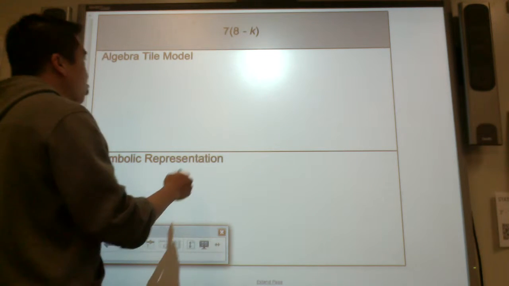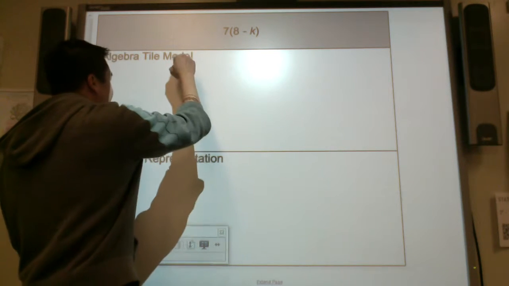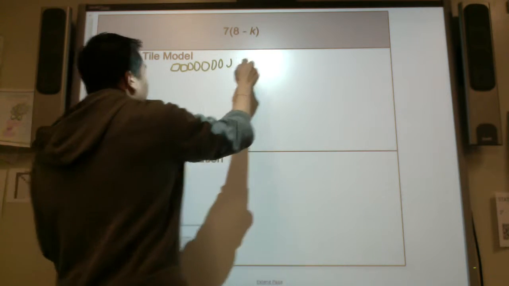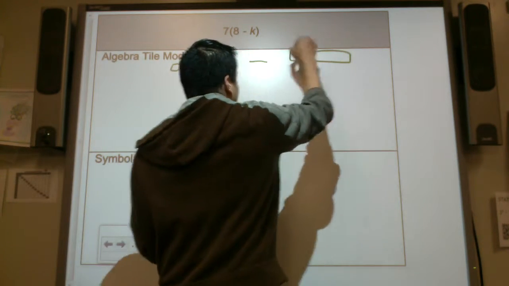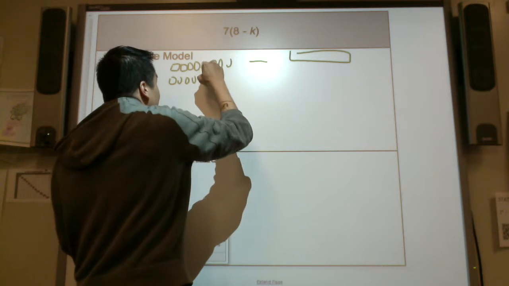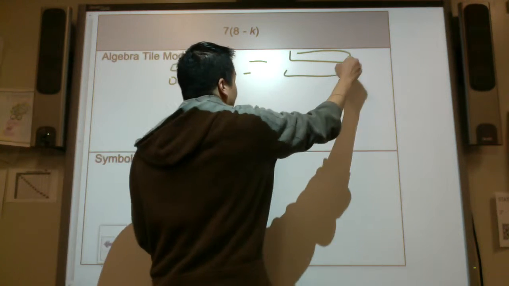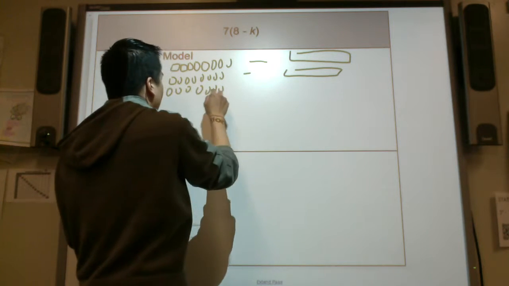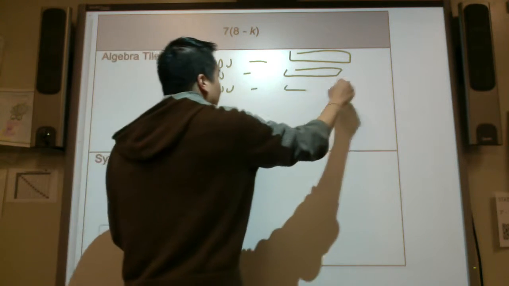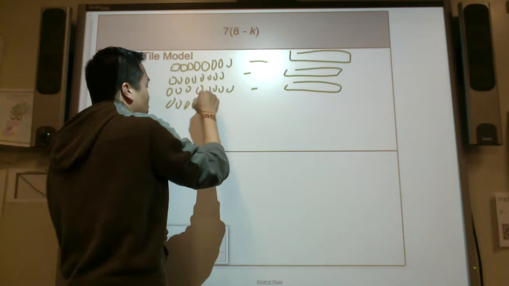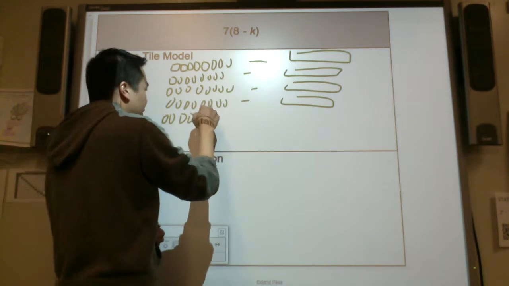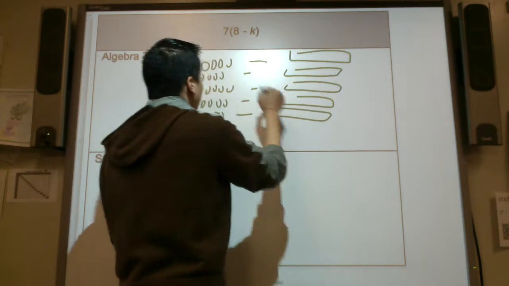So we have 7 groups of 8 minus k. So I need to draw 8 minus k. Oh God, I have to draw 7 groups of this. 1, 2, 3, 4, 5, 6, 7, 8. 1, 2, 3, 4, 5, 6, 7, 8. 7 groups of it.